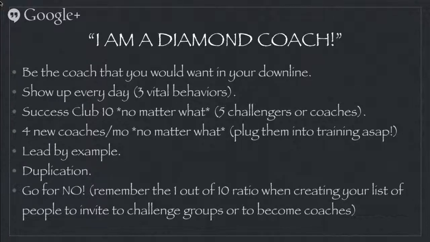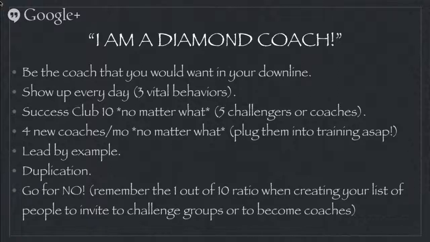Something else you need to do as a diamond coach is to go for no. Remember the 1 out of 10 ratio when you create your list of people to invite to challenge groups or to become coaches. So when you're reverse engineering how you get to diamond, I want you to focus on Success Club 10 and 4 new coaches a month.